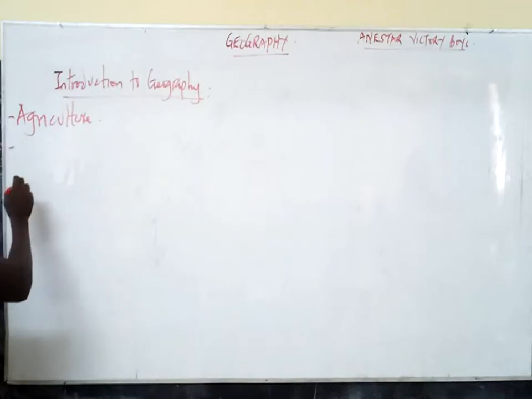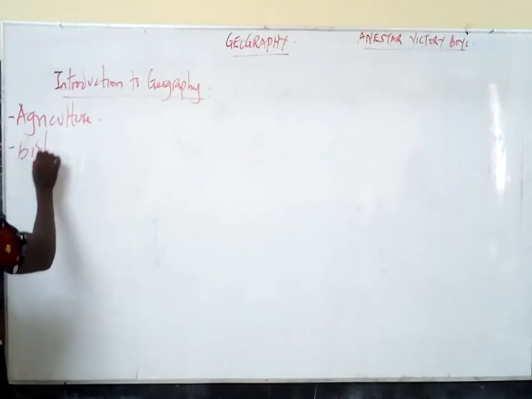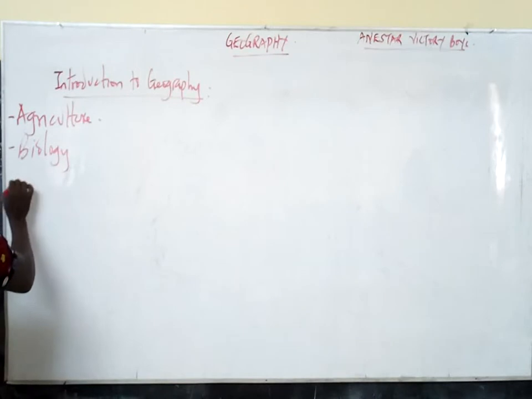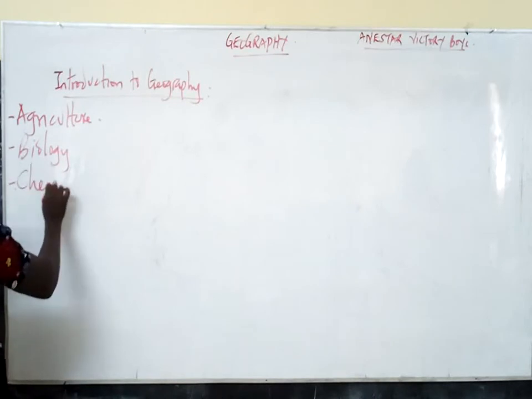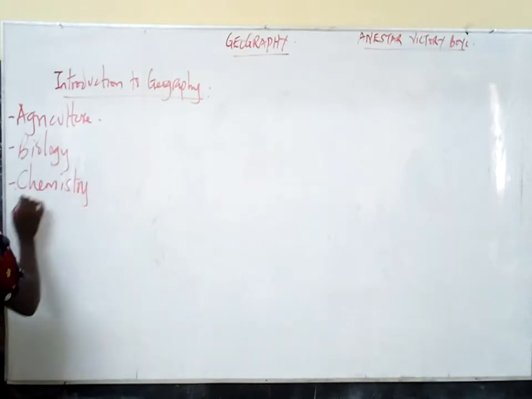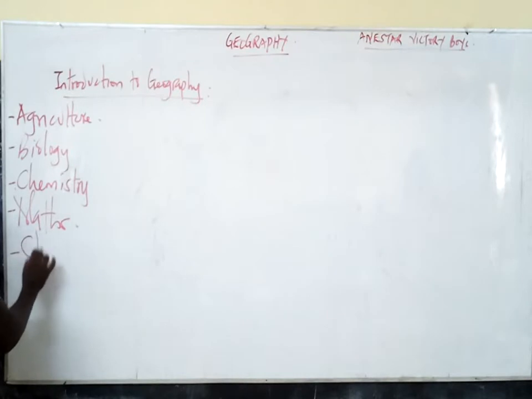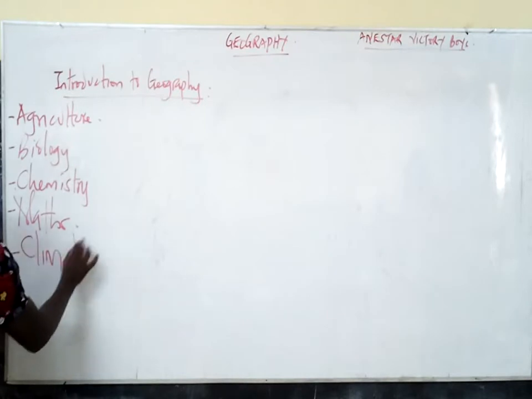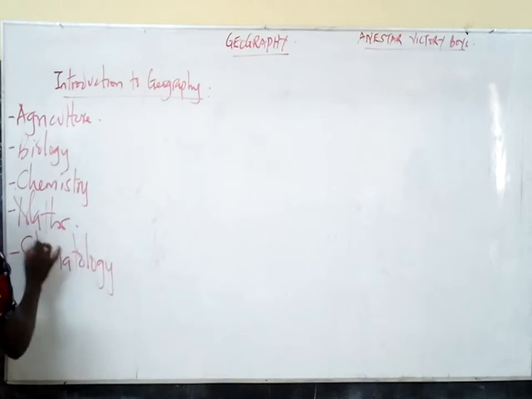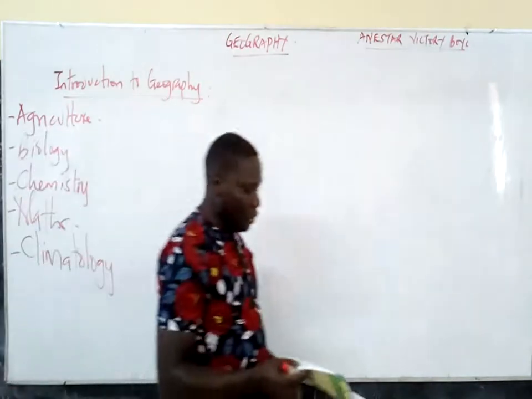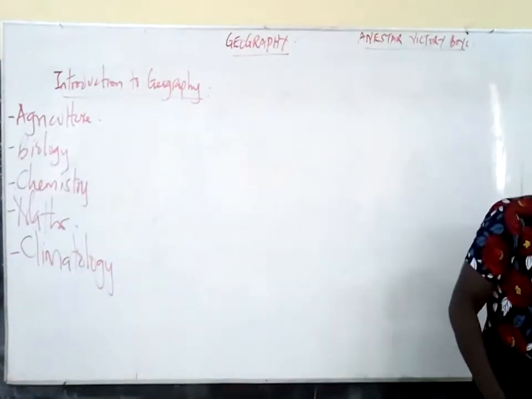Apart from agriculture, we also have biology. Apart from biology, we have chemistry. Apart from chemistry, we have mathematics. Apart from mathematics, we have climatology, among other disciplines that we are going to look at along the way.